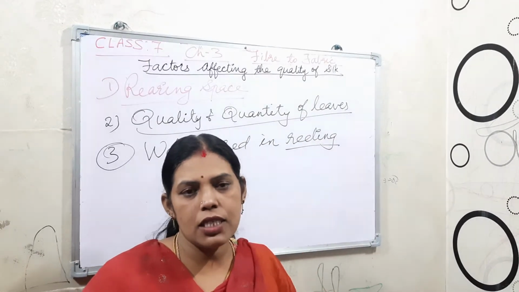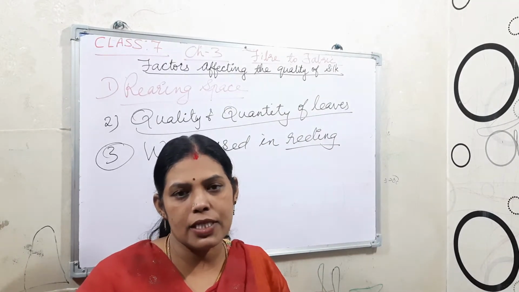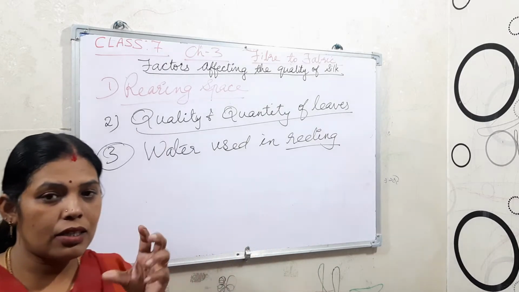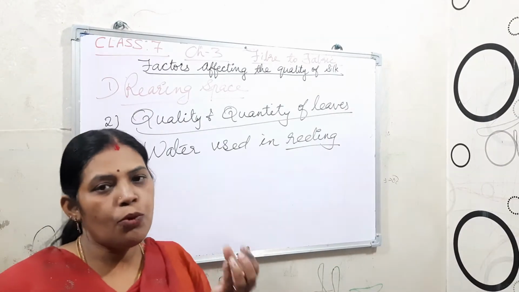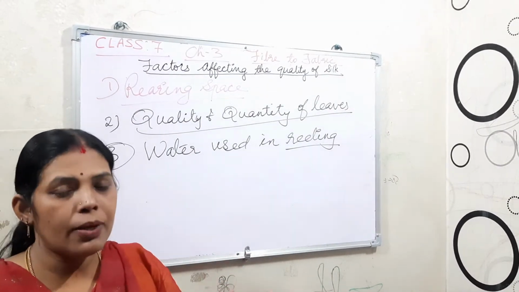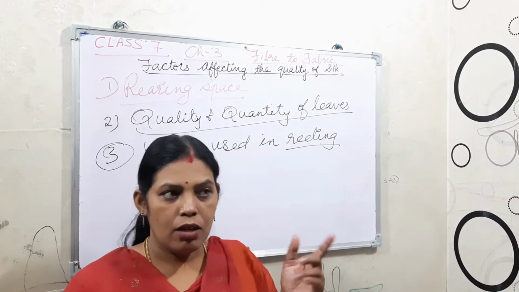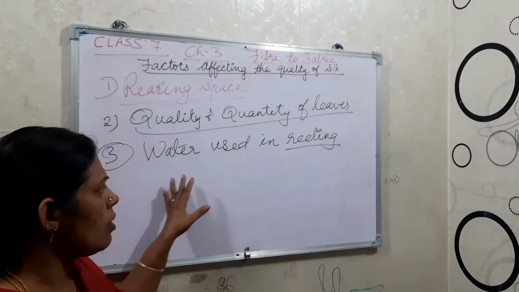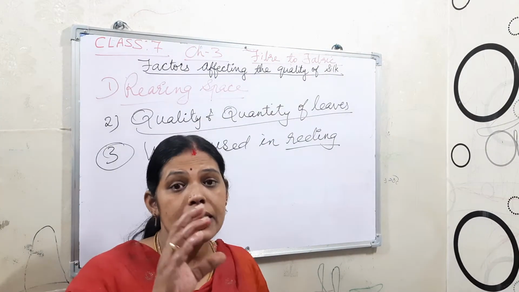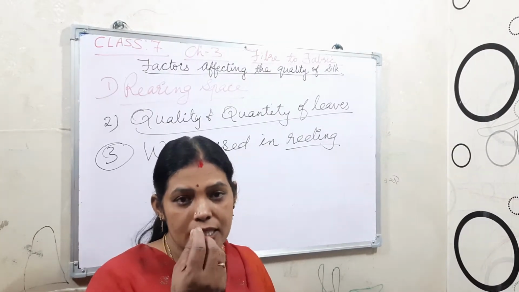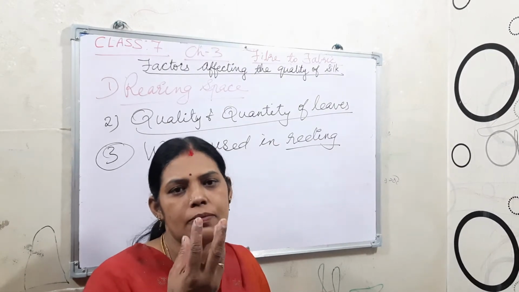If such things happen, the quality of the silk fiber becomes poor, its color becomes dull, and the luster, the shiny appearance, also becomes less.